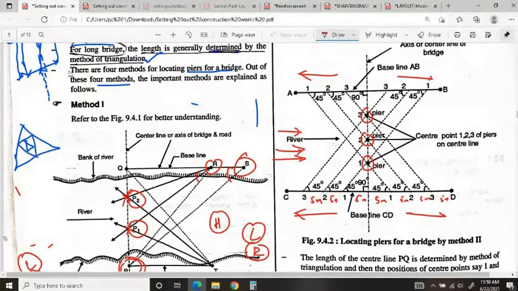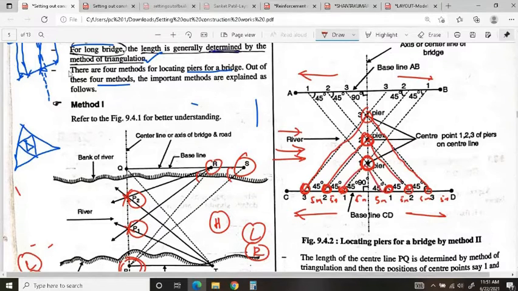Then we will keep our instrument here and take 45 degrees from here and here. So we will get one point here. Similarly, with 45 degrees we will get the second point here. Again we will shift our instrument here and we will get the positions.